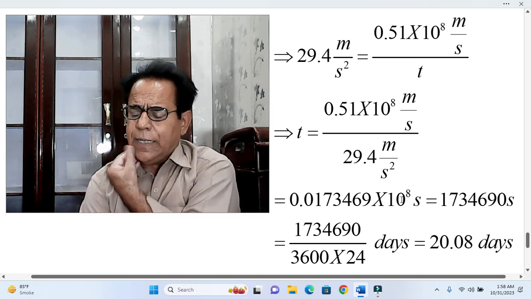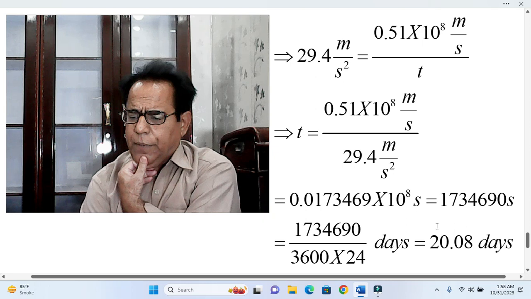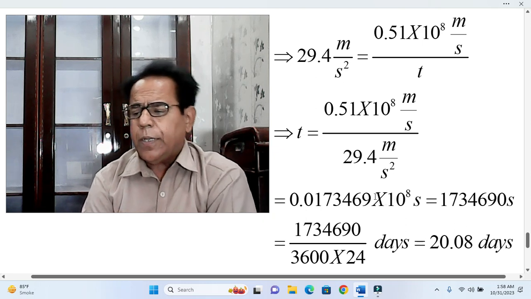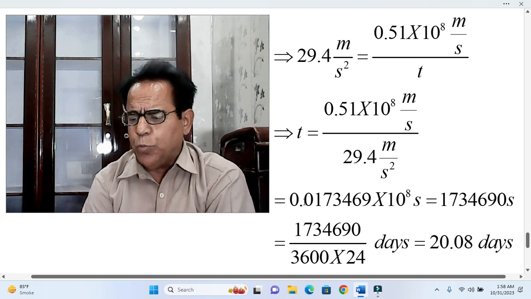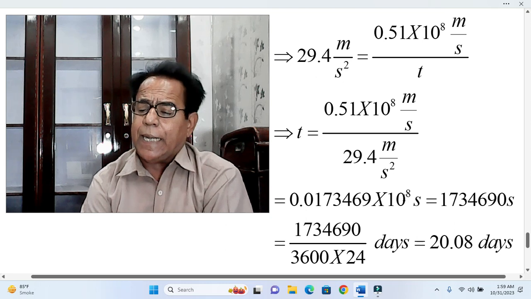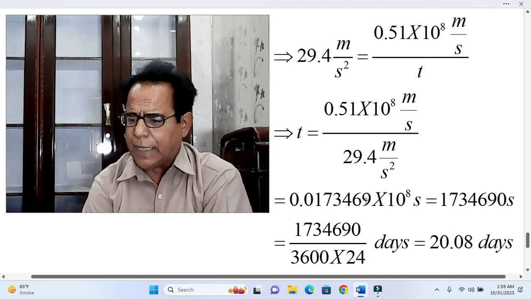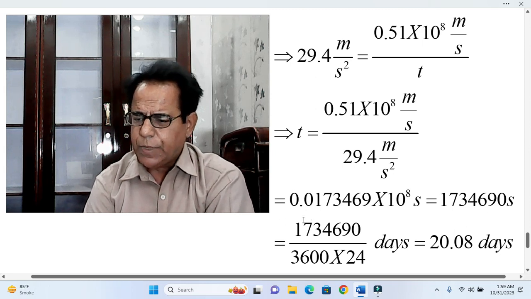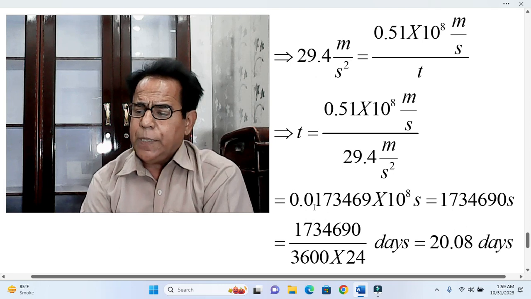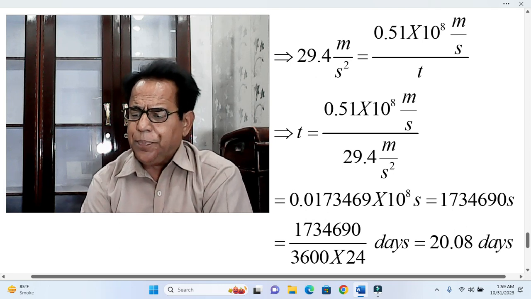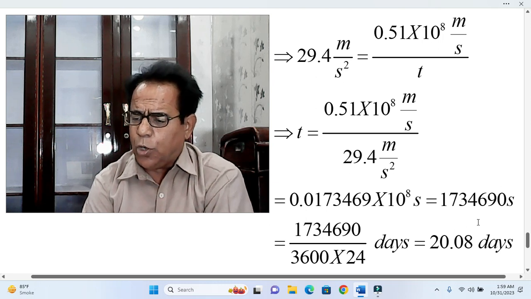If we convert it into 10 raised to the power, now we have removed this decimal, and by multiplying it with 10 raised to the power 8, it will become 1.73469 second. Okay, simply we have multiplied it with 1 into 8 zeros, and hence we have got this value.